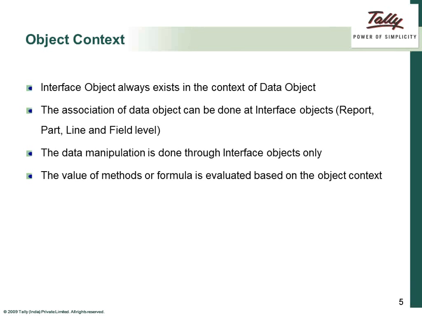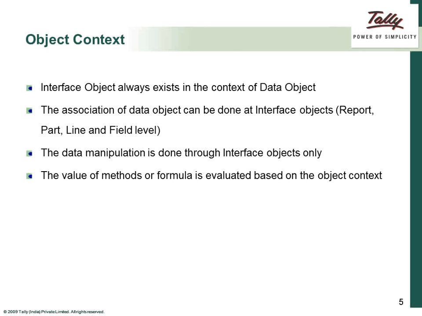Clear? So if I am at a report level and I would like to see some output of a ledger, and the association is done for the stock item, you cannot see something for the ledger. So you have to ensure that whatever connectivities you do are in context of the data of the object. There are some rules that we understand: interface objects always exist in the context of a data object.